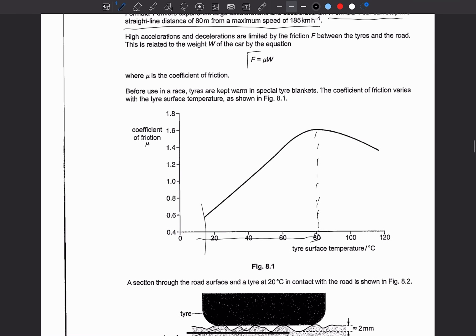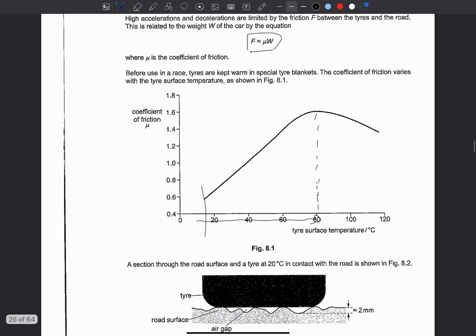And as you can tell from this formula, the coefficient of friction will give rise to the largest value for friction when it is at a maximum. So optimally, we want the tire temperature to be as close to 80 degrees as possible, because any temperature below or after that will cause the coefficient of friction to decrease, right?